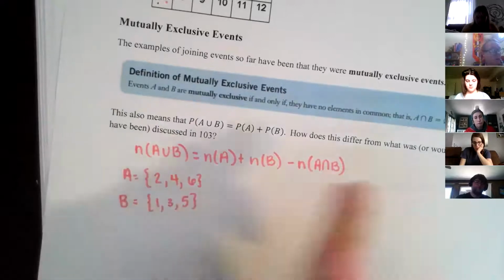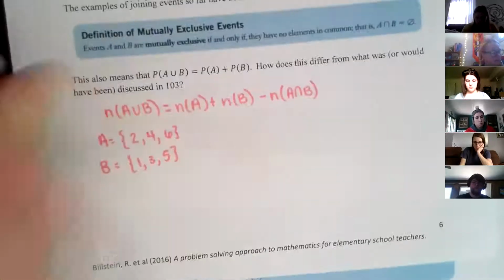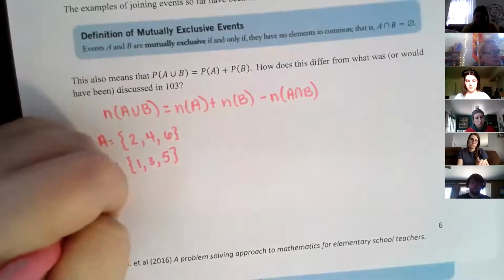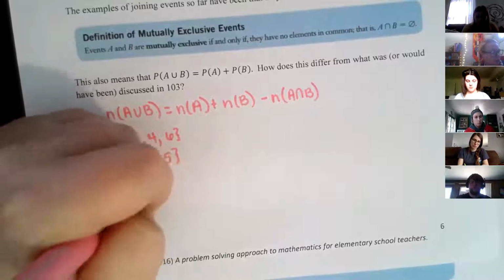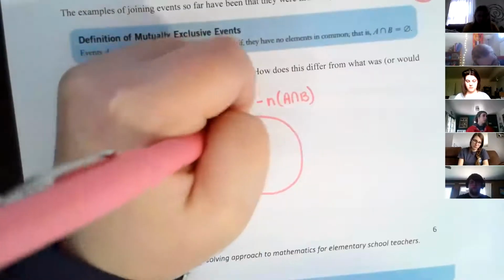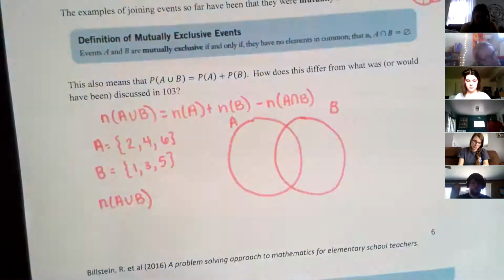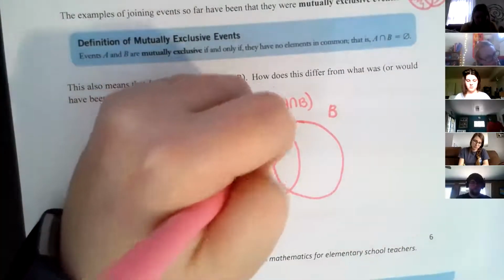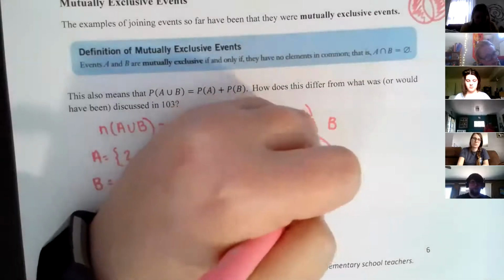If we look at the size of A union B, I make this little picture here: this is A, this is B. A is 2, 4, 6, B is 1, 3, 5.